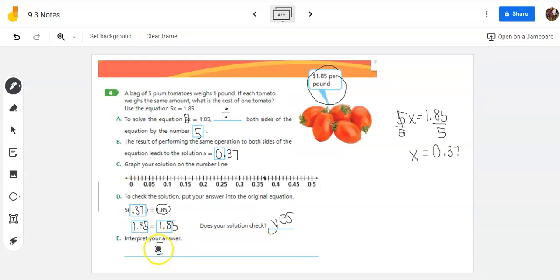It just means each plum tomato costs $0.37. Hey, that's all there is for the step it out.